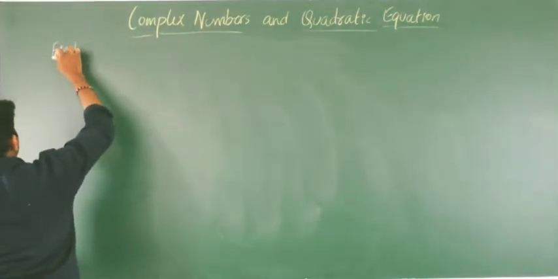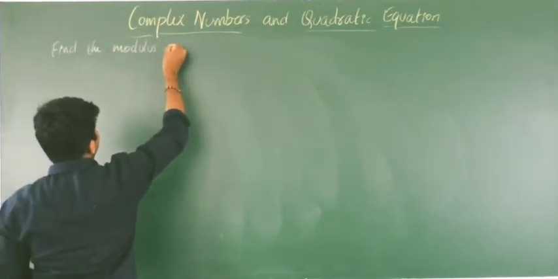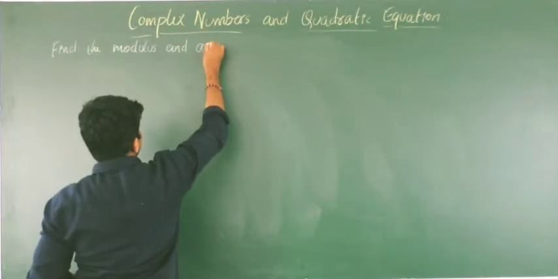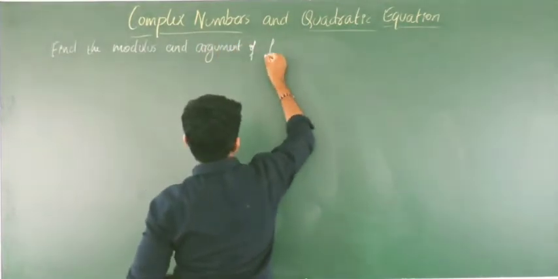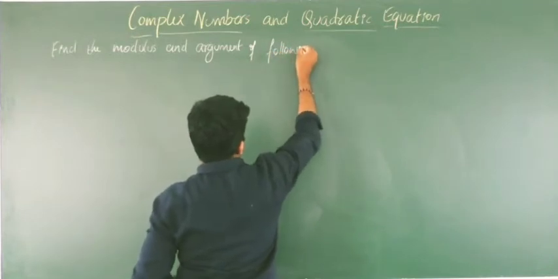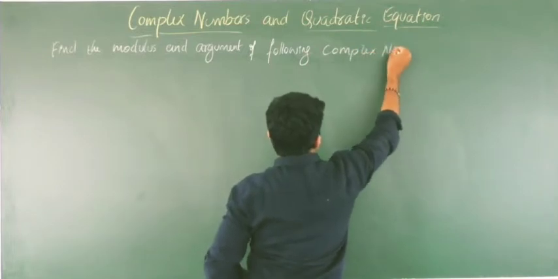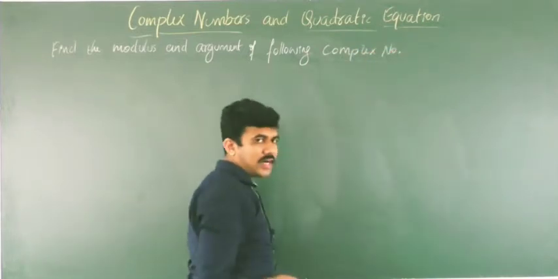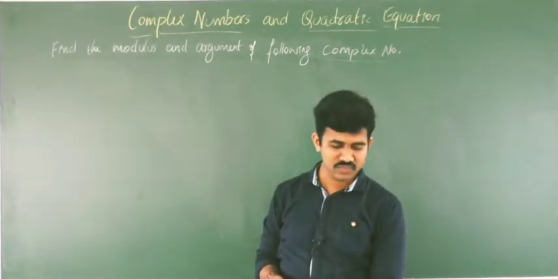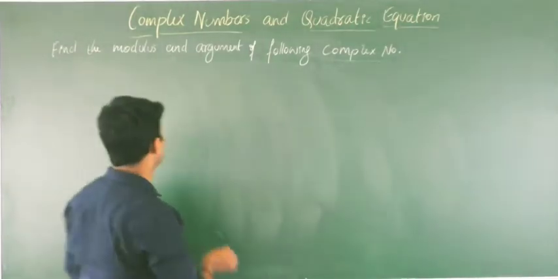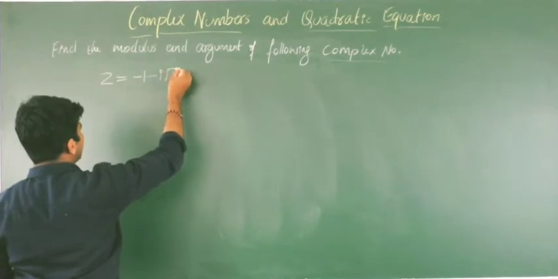So we need to find both argument and modulus. The first question we have: z is equal to minus 1 minus i root 3.